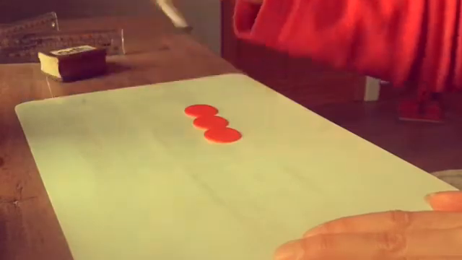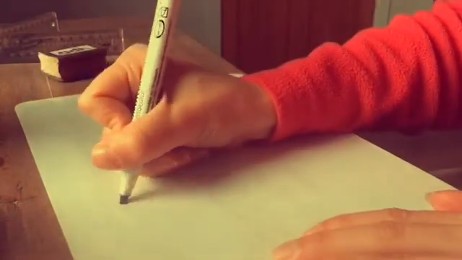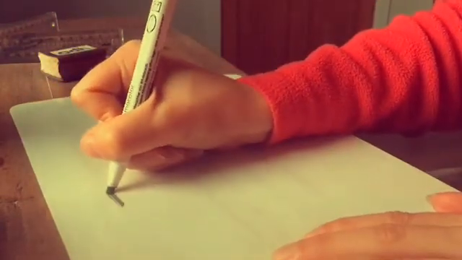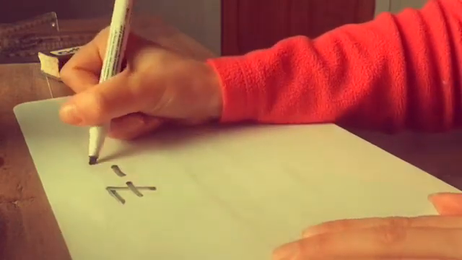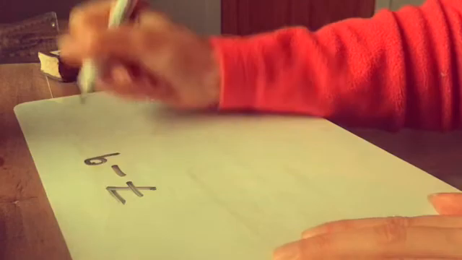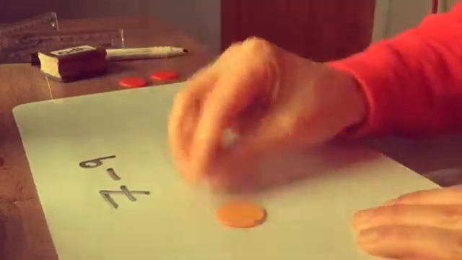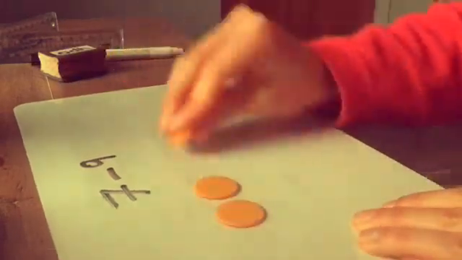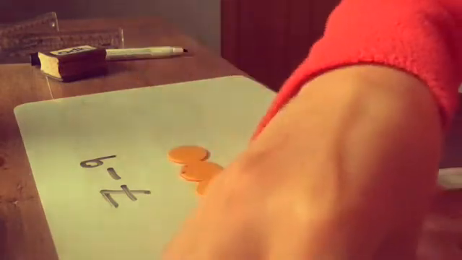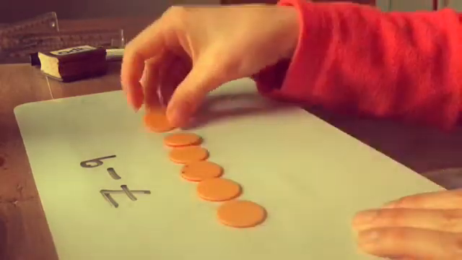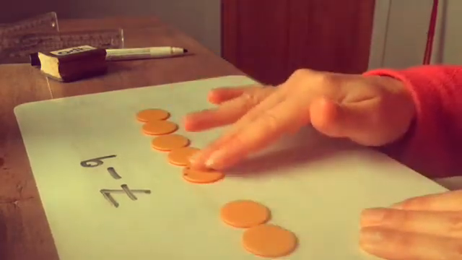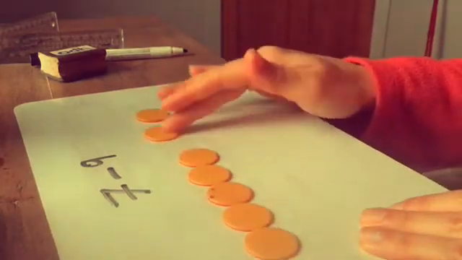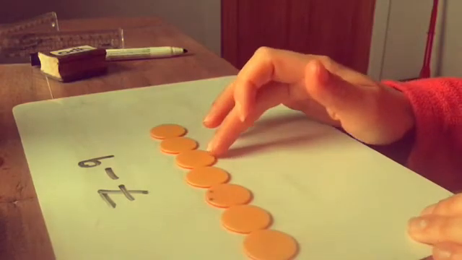Let's say this time we had 7 take away 9. So I have 1, 2, 3, 4, 5, 6, 7 positive counters.